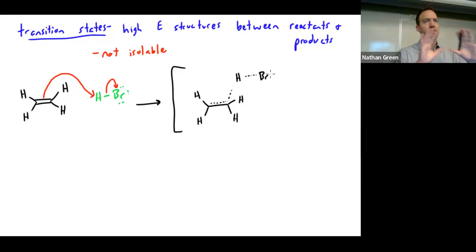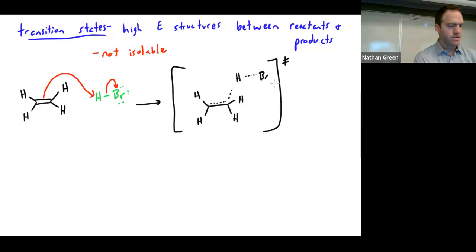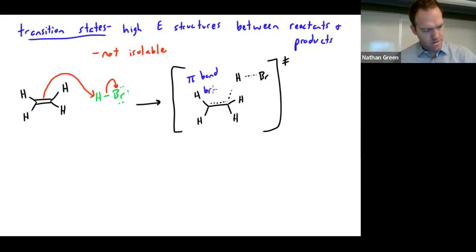I'm going to put all those lines in together, even though if I drew solid lines, I'd be breaking the octet rule here, because the pi bond is breaking as the sigma bond is forming, as that sigma bond is breaking. I'm going to let you all know that it is a transition state by drawing a box and putting that little dagger here. And the way you read this is, I have a pi bond breaking, a sigma bond forming, and a sigma bond breaking.